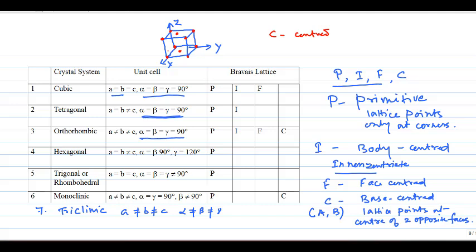So that is why we need to talk about how those points can be accommodated in a space lattice going by the periodicity of the crystal. So it has been found that there could be 14 such arrangements.